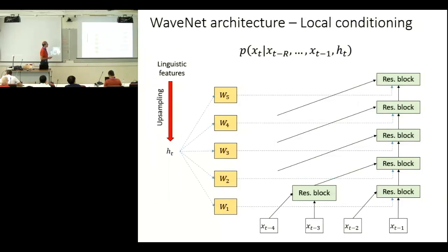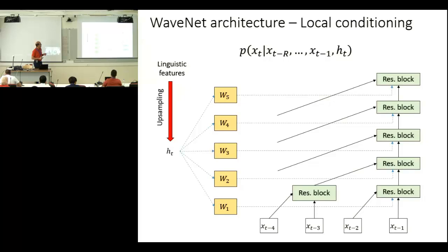More important is to encode linguistic information, because we want to map text to speech. And this is called local conditioning. Local conditioning, linguistic information, is measured with a different time clock. For example, speech is sampled with a sampling frequency, say 16 kilohertz.